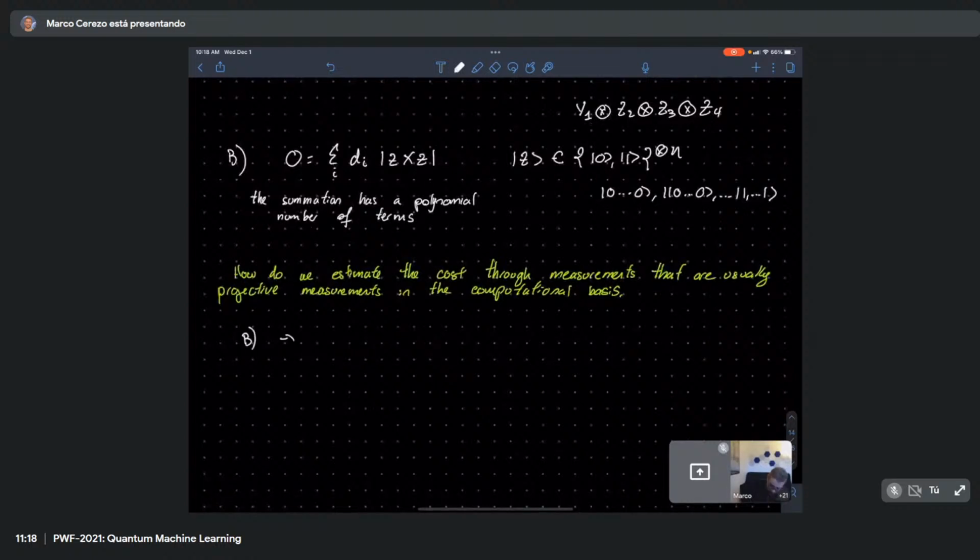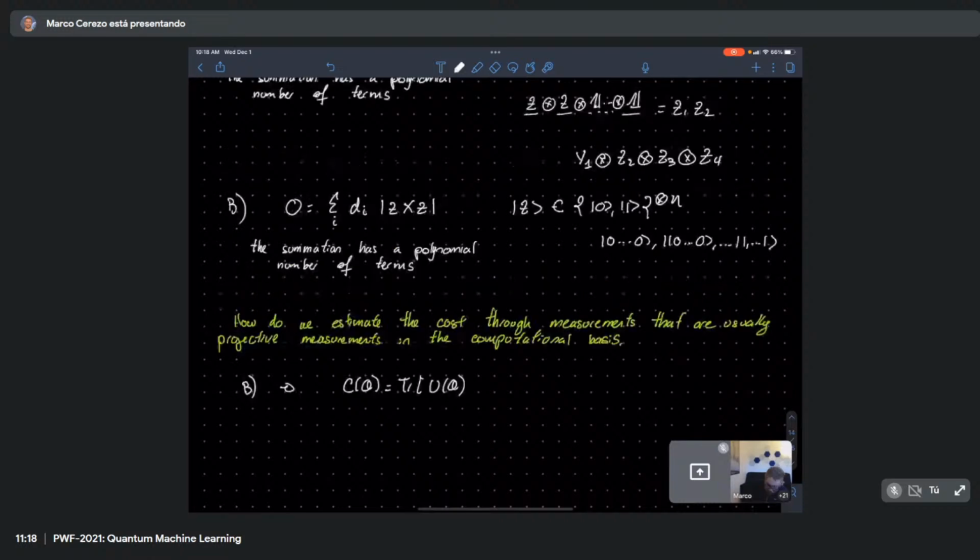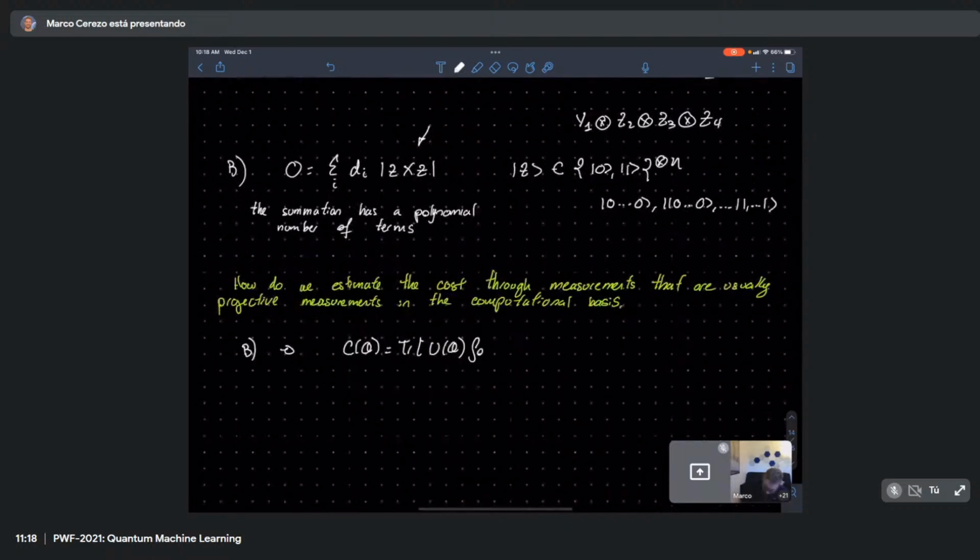So B, what do we have? Let's take the cost function and let's just replace O by this equation right here. And we're going to have a summation over i of d_i times the projector onto z.